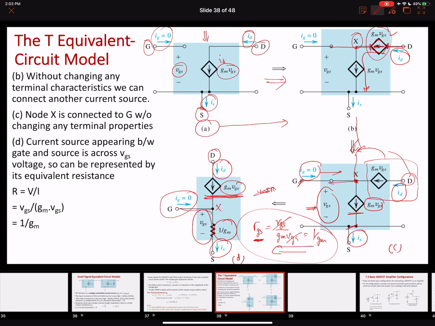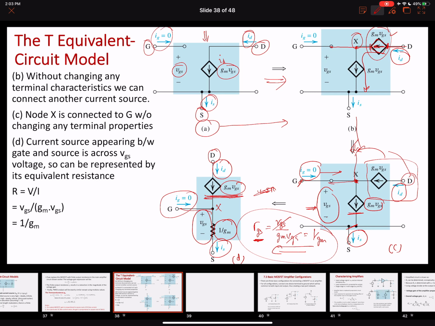What is the usage of drawing these different equivalent circuit models? We will see its application in the next lecture, when we are going to develop different amplifier configurations, and we will see how we can use these different representations of the MOSFET equivalent circuits. Okay, great.